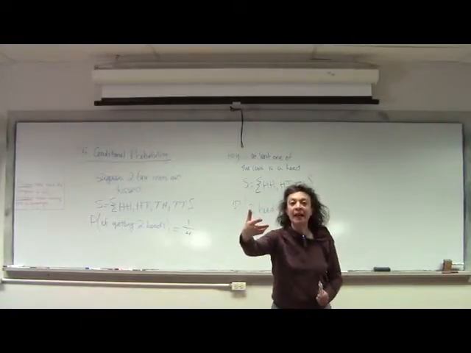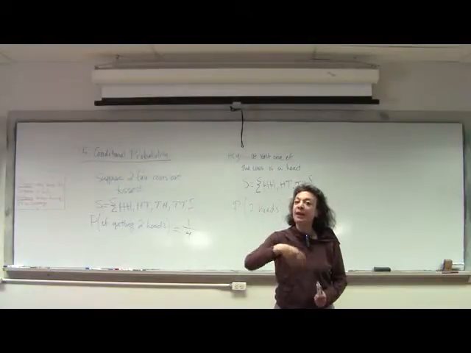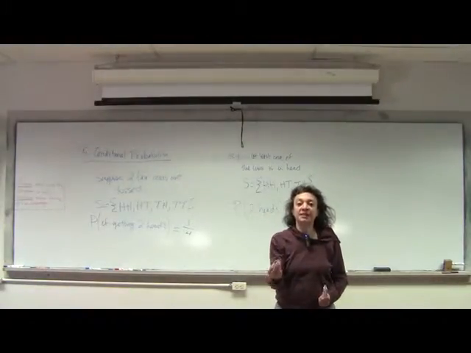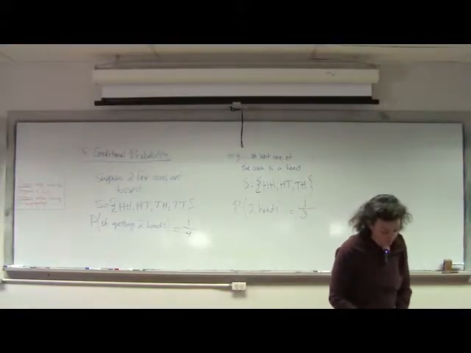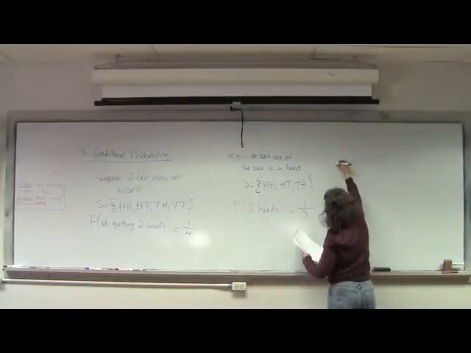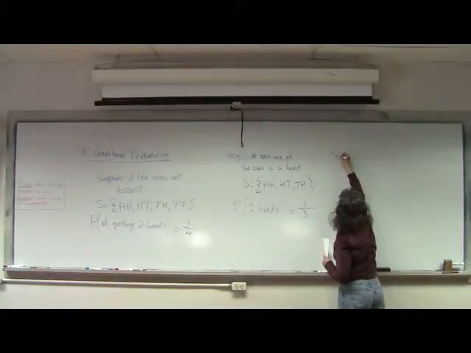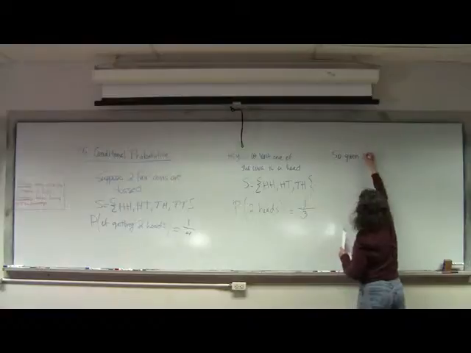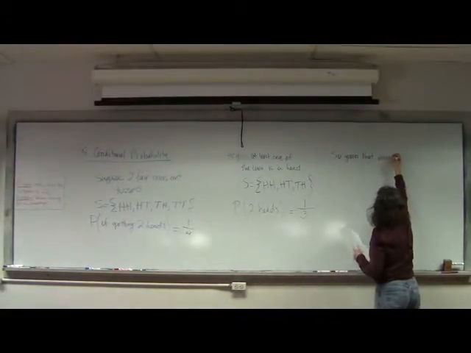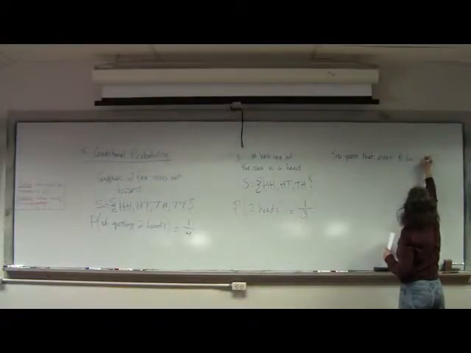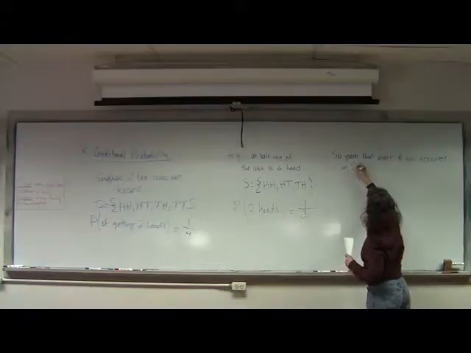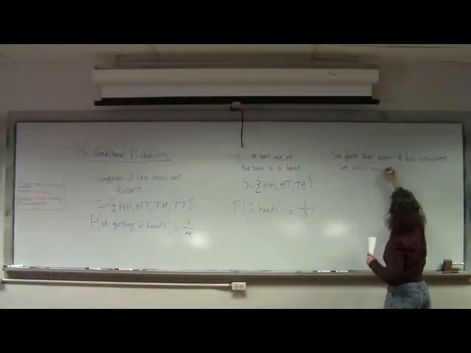However, we're given an extra piece of information, and with that extra piece of information, that changes our sample space. So, essentially, let me write this out. Given that some event B has occurred, we wish to find the probability of A.